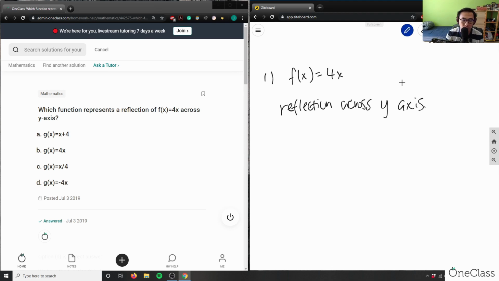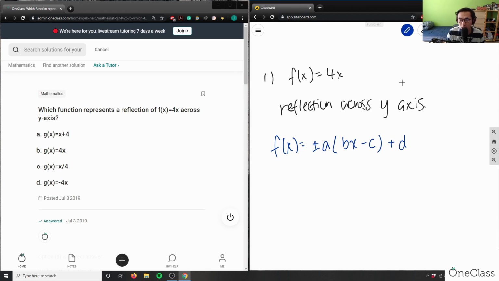If you recall from transformations of functions, we have f of x equals plus or minus a times b times x minus c, plus d.